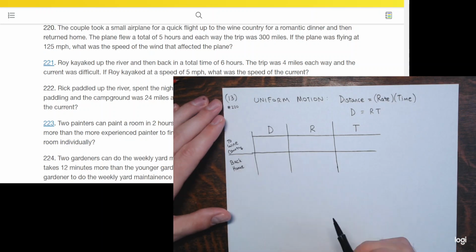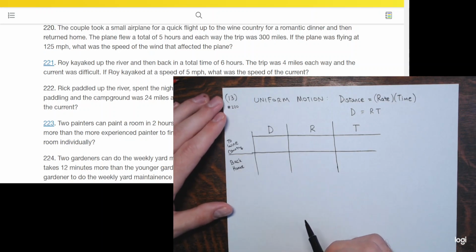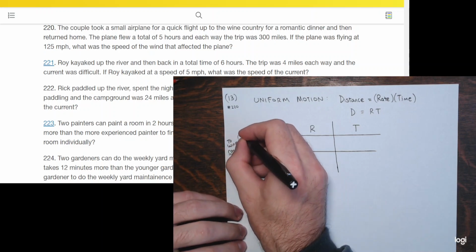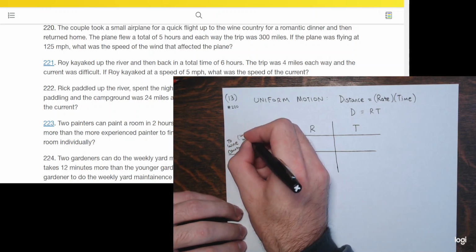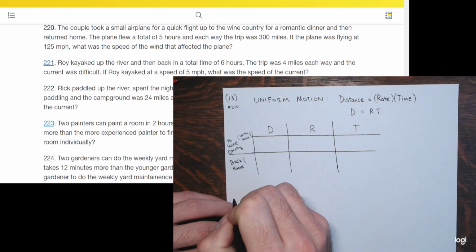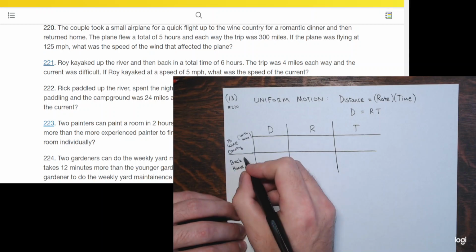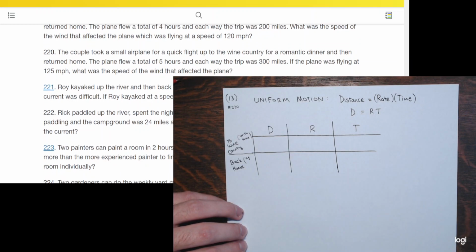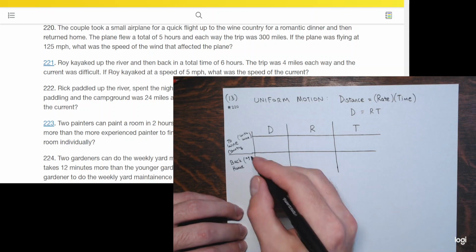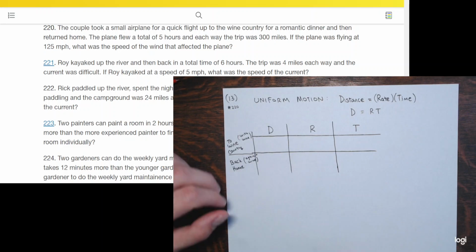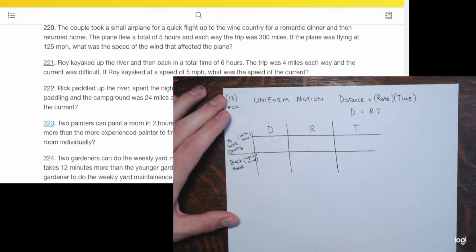Alright, now what I'm going to do is assume that the trip to wine country was with the wind, and let's say that the trip back home was against the wind, just to ease our purposes, right? Just pick one. One's with the wind, one's against the wind.